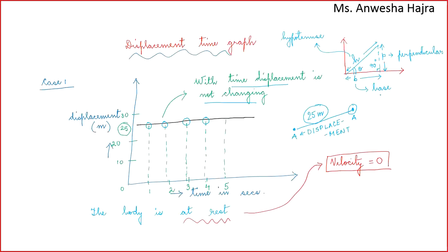Now, in this graph, perpendicular by base is called slope of the graph. The graph is AB. It is called slope of the graph AB.